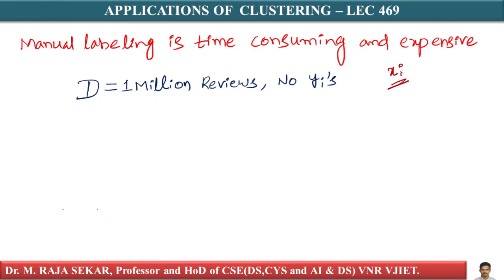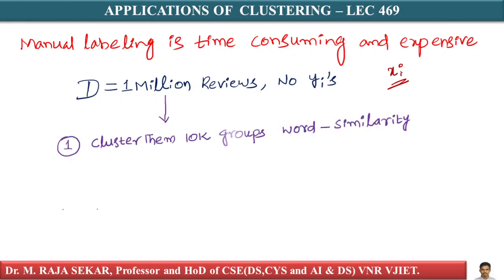What I will do as a first step is cluster them into 10,000 groups. Let me assume I am clustering them into 10,000 groups, let's just say based on word similarity. I will use things like bag of words, TF-IDF, word2vec.